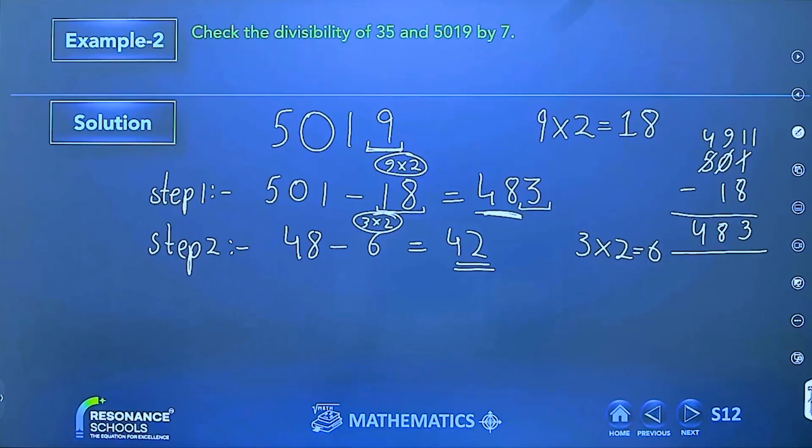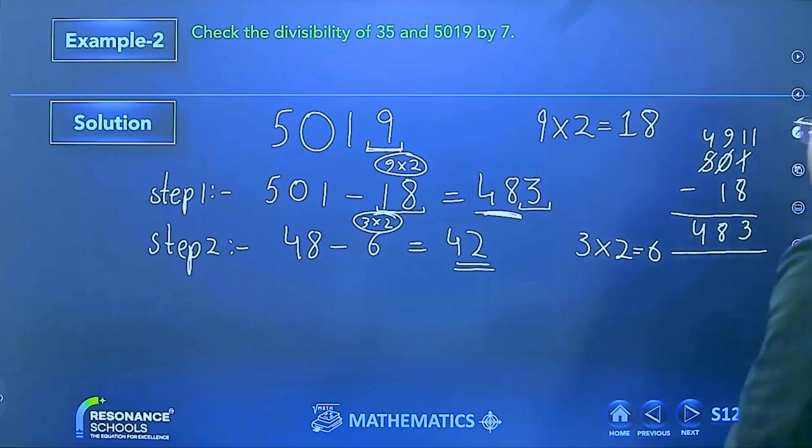Clear, everyone? Because the last digit is 9, 9 into 2 is 18. There is a rule for divisibility rule of 7. Okay, clear?